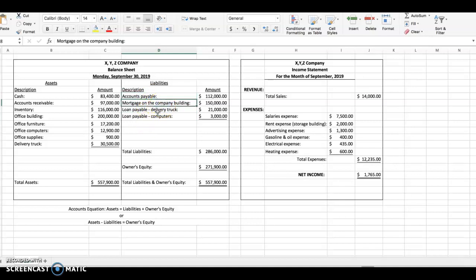So we owe money for a company building, but we got a building. That's an asset. We owe money on a delivery truck, but we got the delivery truck. That's an asset. Same way with the computers. We owe money on computers, but we got the computers. So a liability in the simplest form means that we owe money for something of value. So in exchange for a debt that we owe, we got an asset.